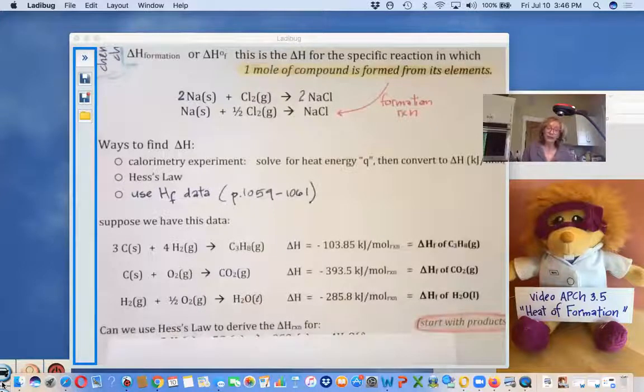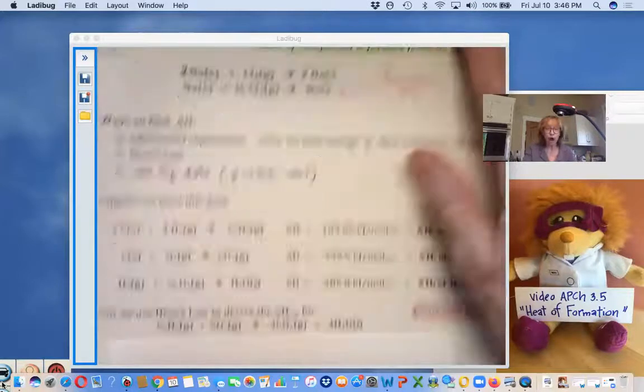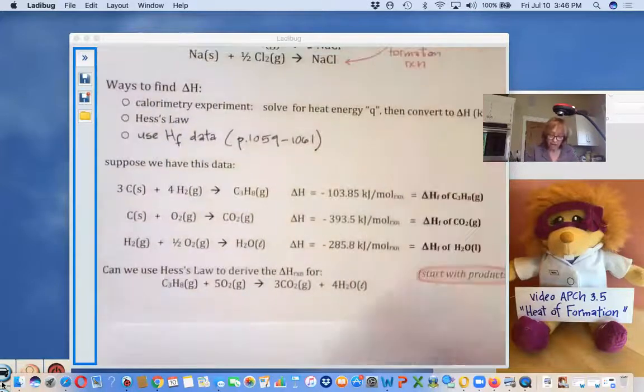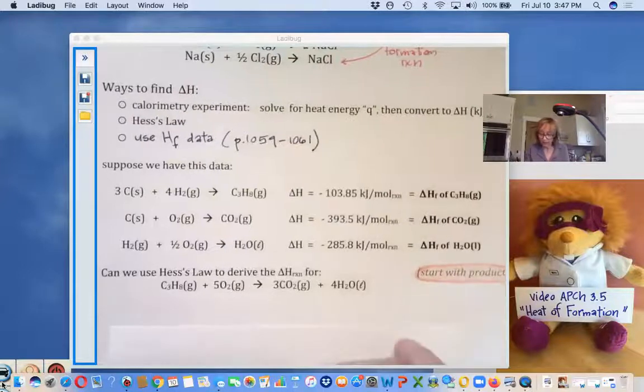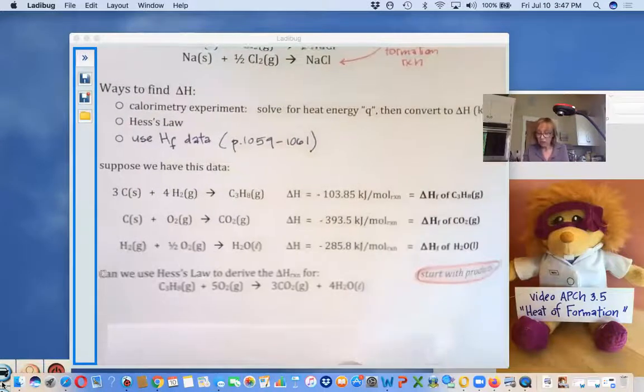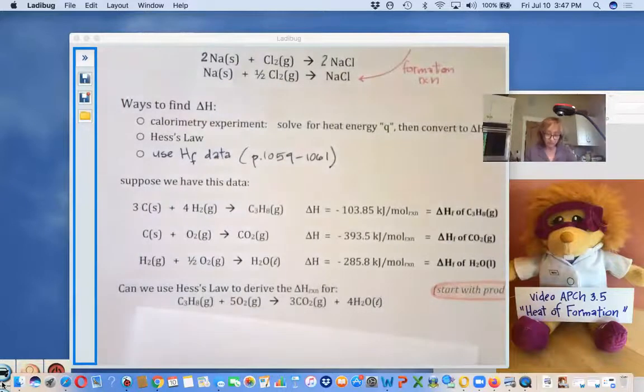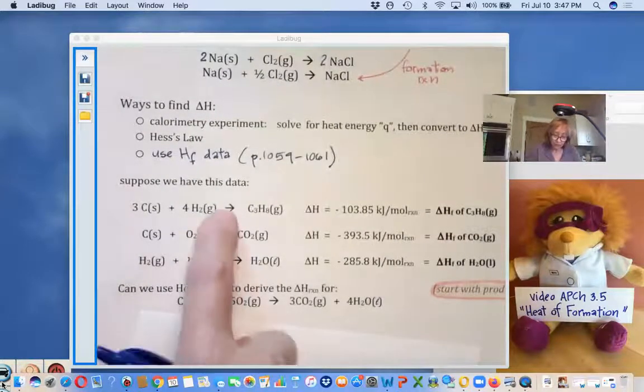Okay, so let's now see if we can use Hess's law to derive the heat of reaction for this one. So this is a combustion reaction, and we simply want to know its delta H. Okay, so what we're going to do on this is use our Hess's law strategies and these 3 equations.